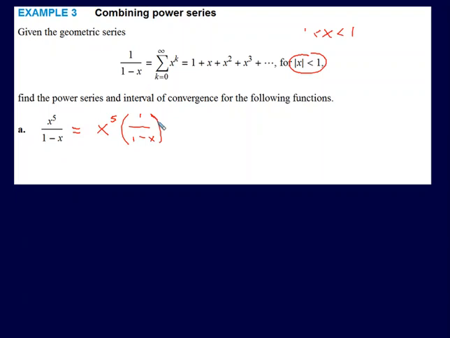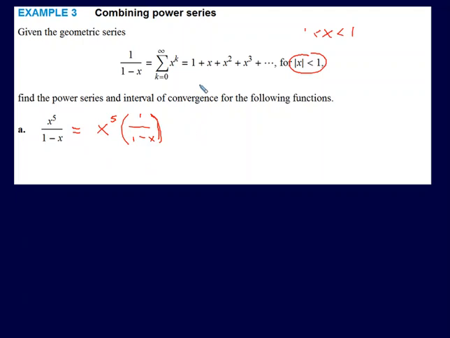So what's nice here is that if we can write the power series for this function and think of that as really just an infinitely long polynomial, we can just multiply in and distribute out that x to the 5th. Okay, so there's 2 ways you can do this.